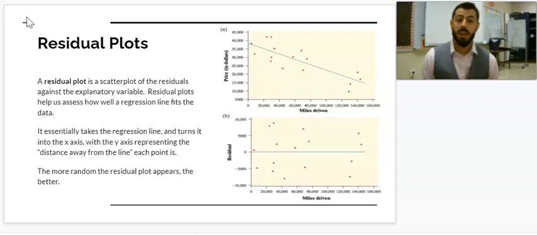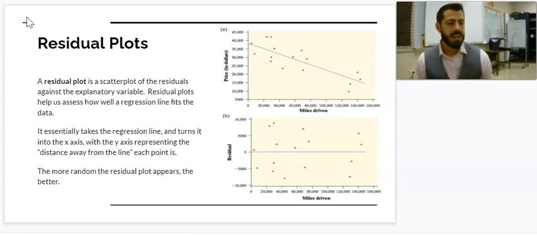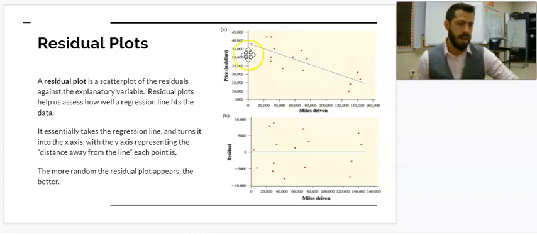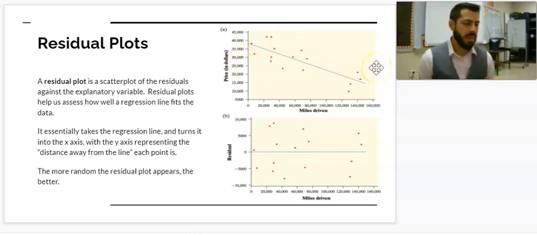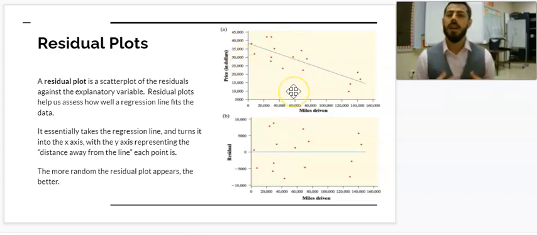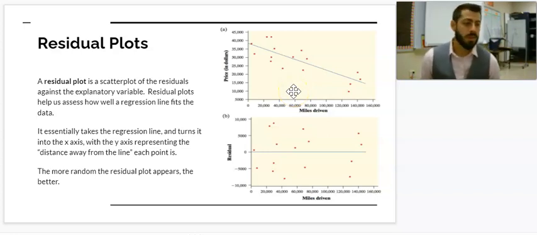possible. A residual plot is a secondary scatter plot that you make representing the residual difference between the dot and the line. If you can imagine, basically it takes the regression line and flattens it out horizontally and then graphs the dots on top of that line again, based on their vertical axis, right?